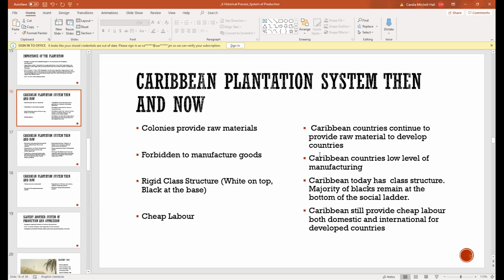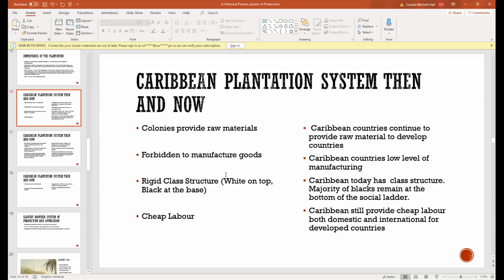And Caribbean countries are largely import driven. We import more than we export. Another thing is that during the plantation, the colonies were not permitted to manufacture goods.